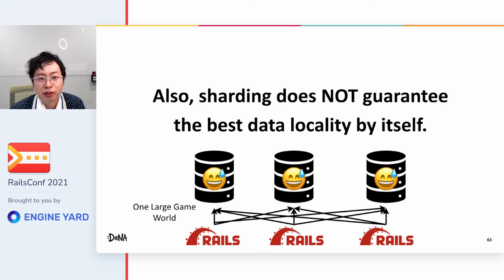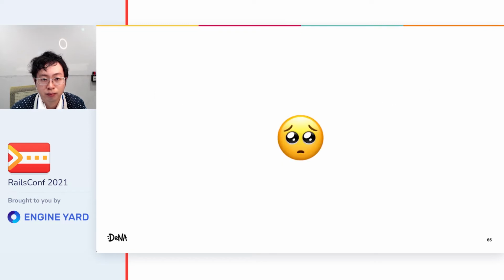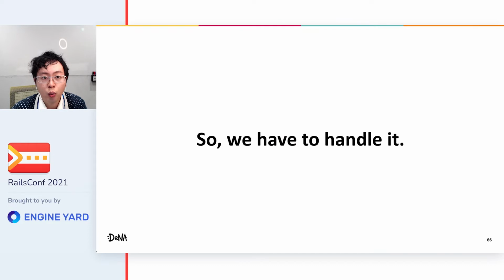Also, sharding does not guarantee the best data locality by itself. Furthermore, sharding can invoke a consistency issue, or node failures or network failures. So we have to handle it.